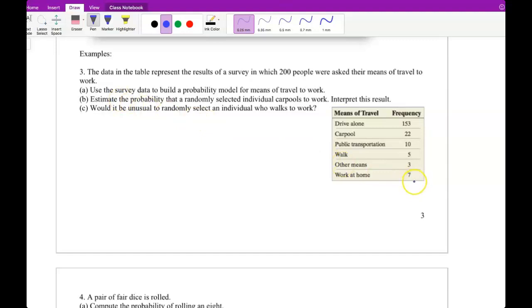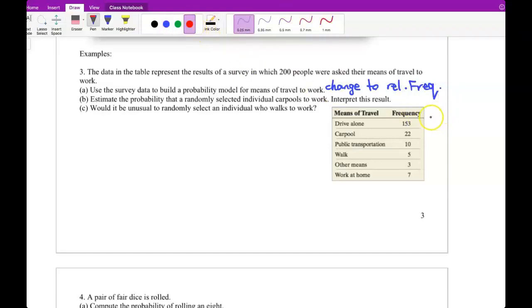Okay, so here I'm going to use this table, and for part A, change to relative frequency.